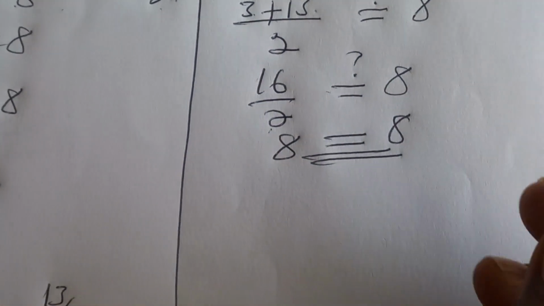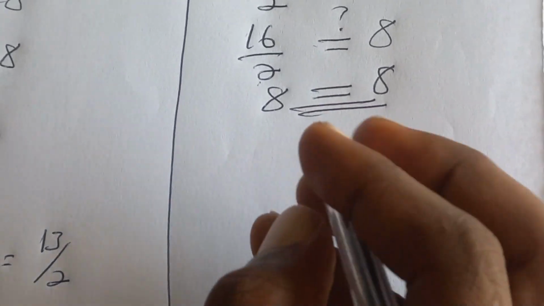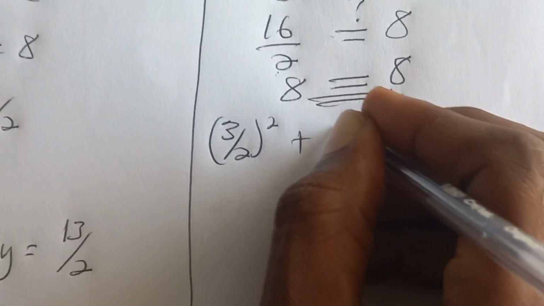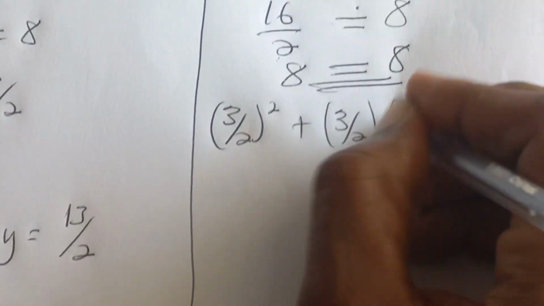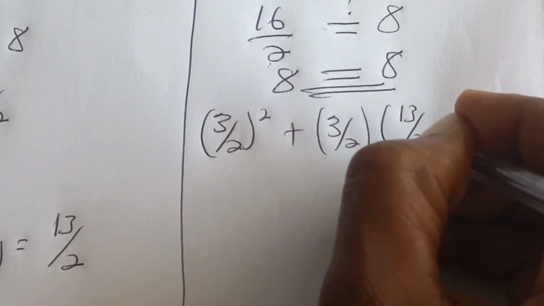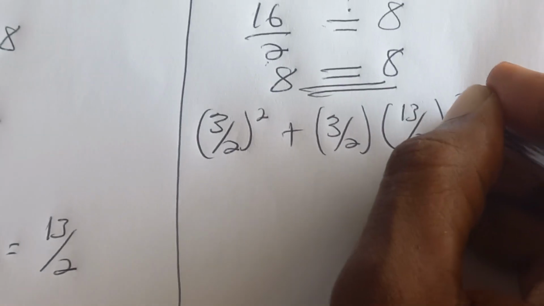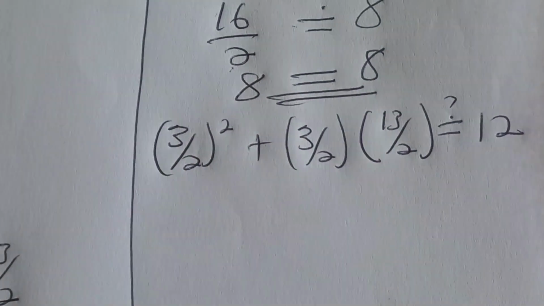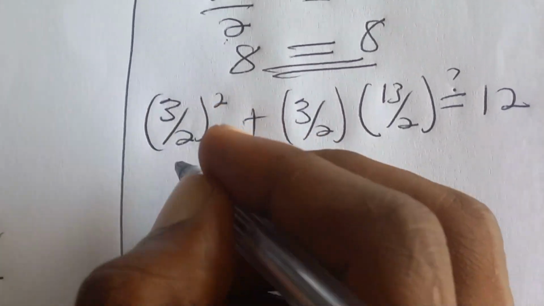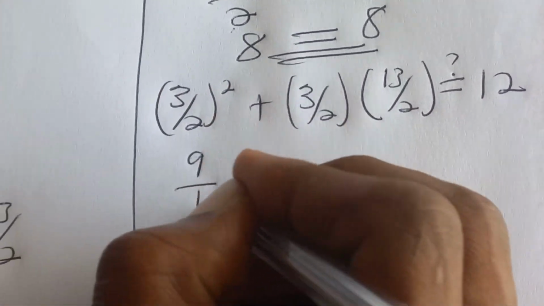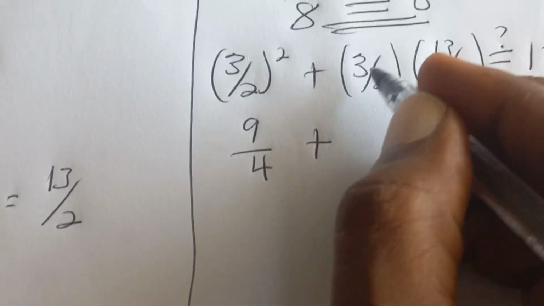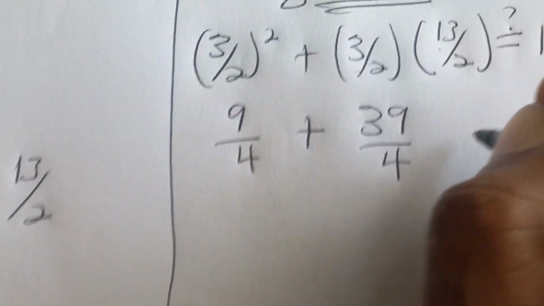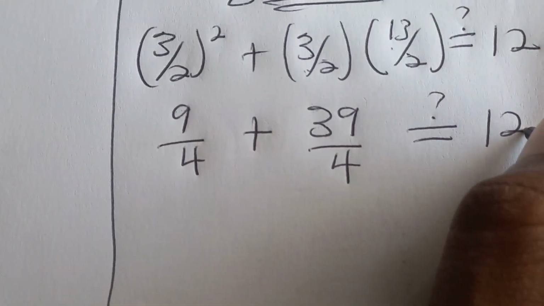Let's do that for equation 1. So we have 3 on 2 all squared plus 3 on 2 multiplied by 13 on 2, and this should be equal to 12. Now this 3 on 2 squared is 9 on 4, plus when you multiply these two together, we get 39 on 4, and it should give us 12.